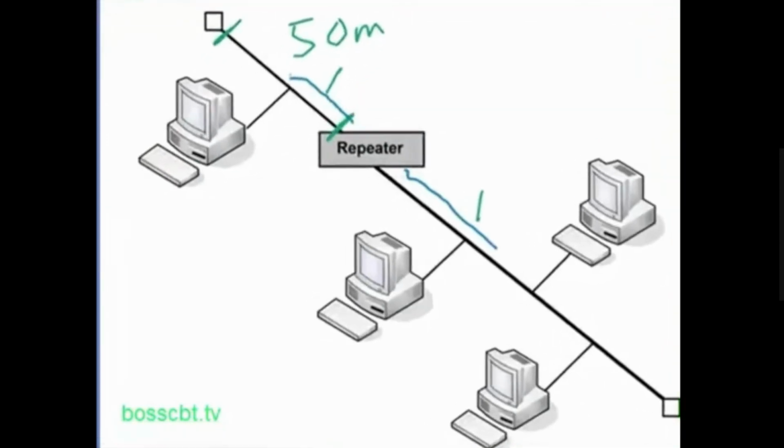So the new strong signal will be sent to the destination. This is the working principle of repeaters.